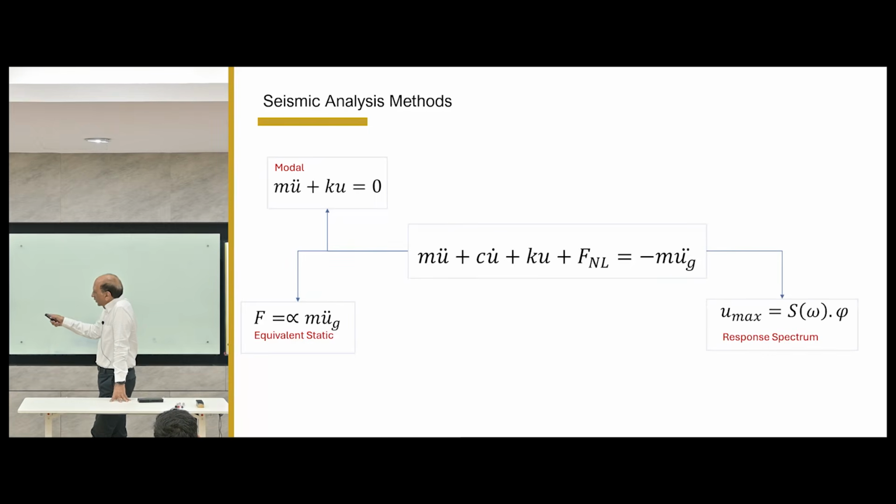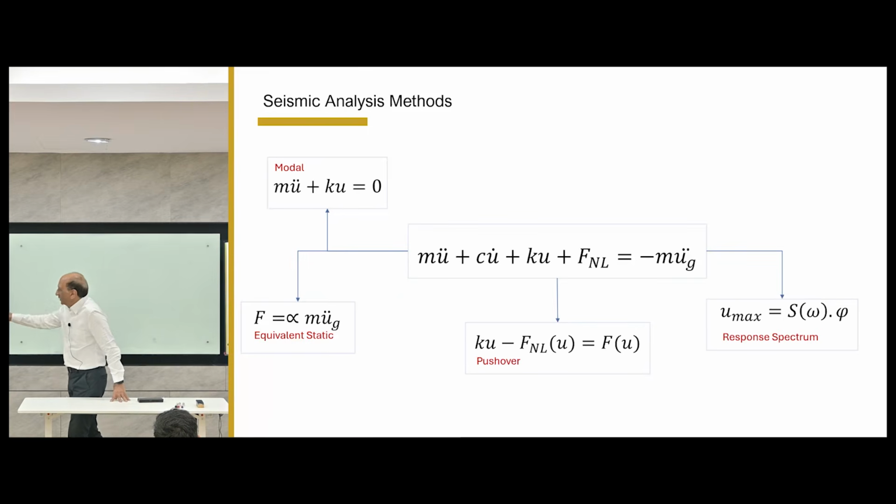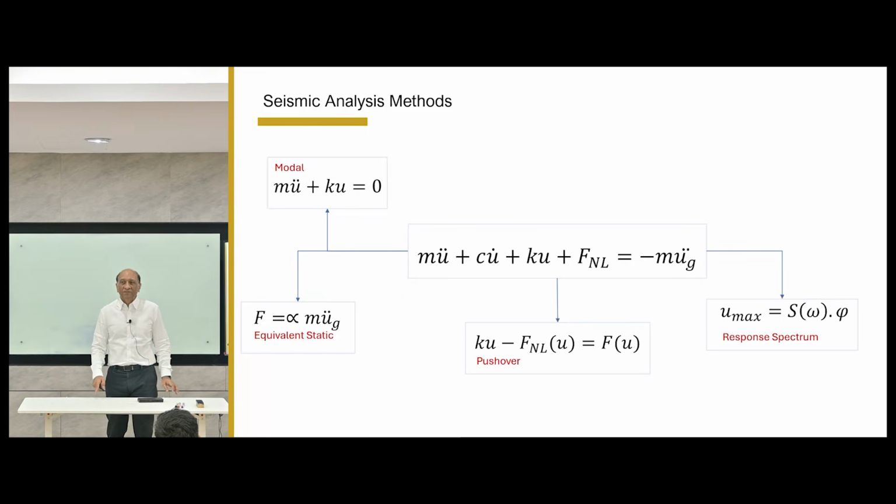Then you have response spectrum coming from there. We will talk about that. One form of the equation, you get response spectrum from the displacement. We will talk about that today. And then we have the pushover coming from there. We keep the nonlinearity, but we remove the mass, acceleration, and other things, and damping also.